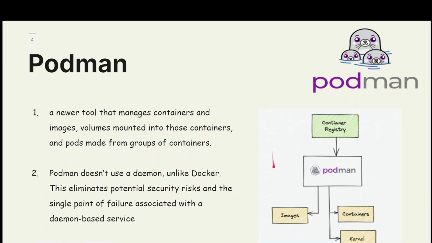It does not work on a client-server architecture. In Podman there is no daemon. Unlike Docker, this eliminates the potential security risk and the single point of failure associated with a daemon-based service. Podman doesn't require root privileges.